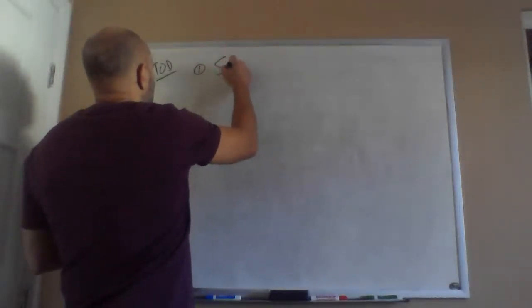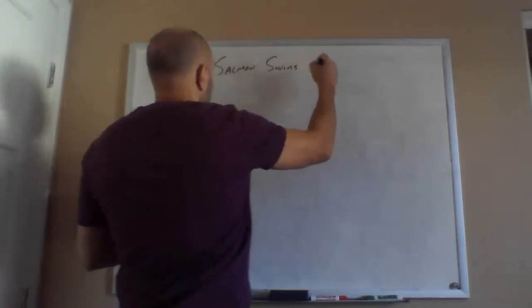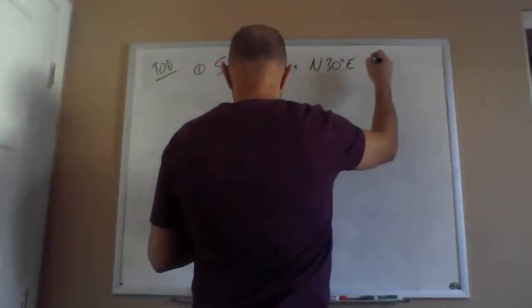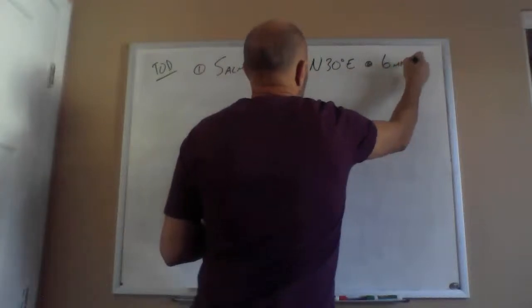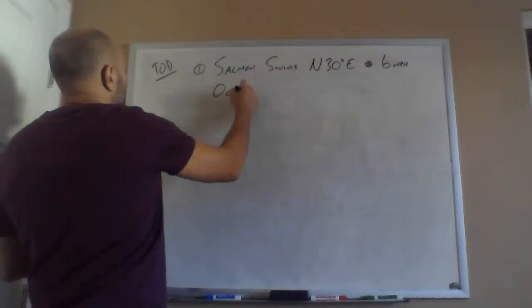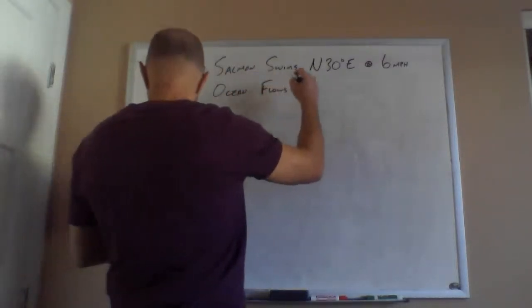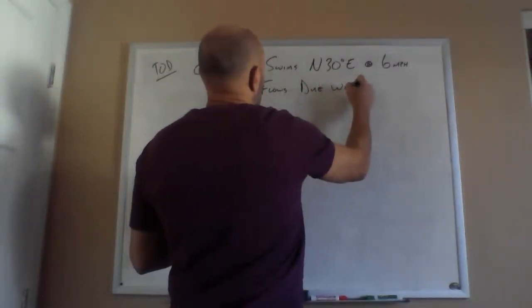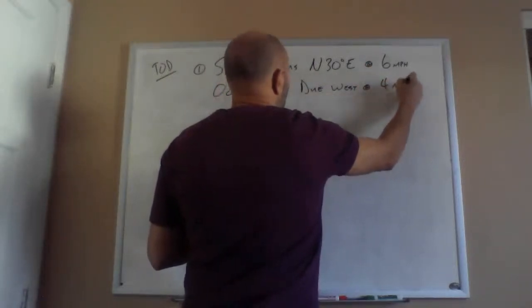You have that a salmon swims north 30 degrees east at 6 miles per hour. And the ocean flows due west at 4 miles per hour.